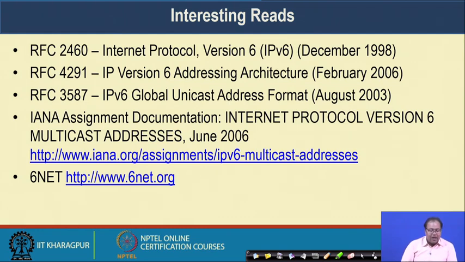One is the IANA documentation that talks about the IPv6 addresses and multicast addresses, and another is the 6net website. 6net is a project that worked on the design and development of IPv6. You can visit the 6net website to look into their white papers and documentation to know more about different features in IPv6.